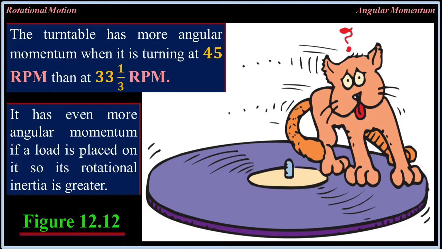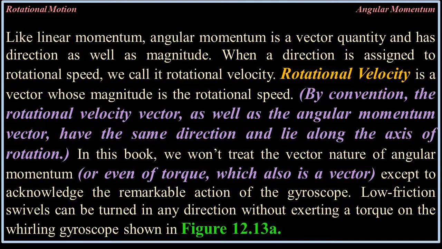The turntable in 12.12 has more angular momentum when it is turning at 45 RPM than at 33 1/3 RPM. It has even more angular momentum if a load is placed on it, so its rotational inertia is greater. I remember the 78 RPM records.